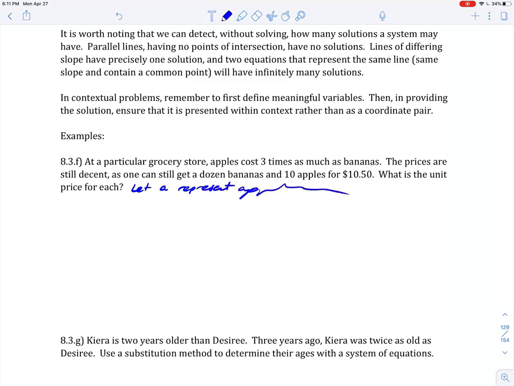Let A be for apples. And remember, we're not just saying let A represent apples. That's nonsense. That doesn't mean anything. It represents the price of an apple. And we can let B represent the price of a banana.